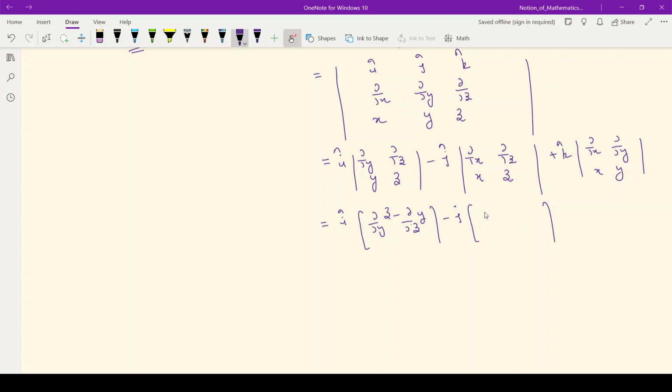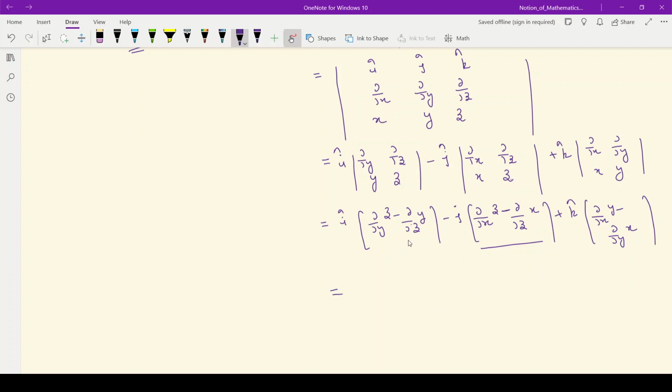Inside the bracket it is partial by partial x of z minus partial by partial z of x, plus k cap. Inside the bracket it is partial by partial x of y minus partial by partial y of x.